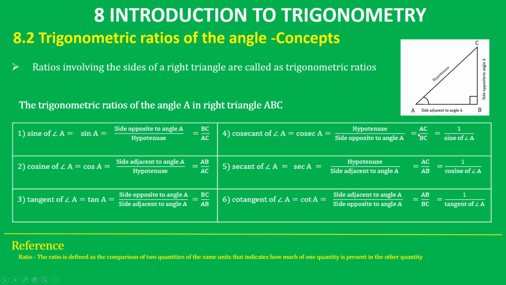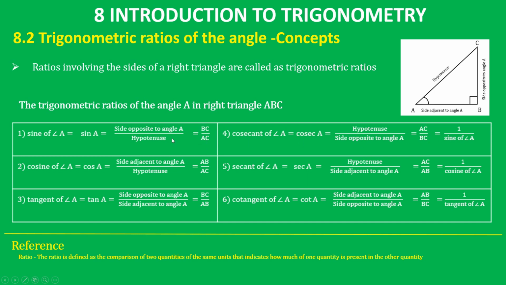Can you just look at this? Why have I written exactly opposite to number 1? If you look very carefully, the cosecant of A is equal to AC by BC, whereas sin A is equal to BC by AC. Is it the reciprocal of this? Yes, it is.